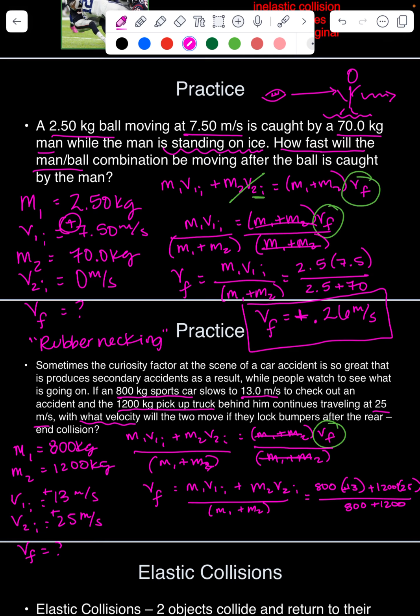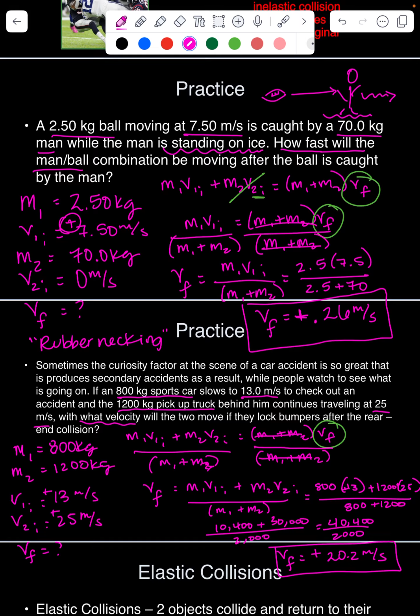That's 10,400 plus 30,000 divided by 2,000. We add those together, that's 40,400 divided by 2,000. That's going to give us a final velocity of plus 20.2 meters per second.